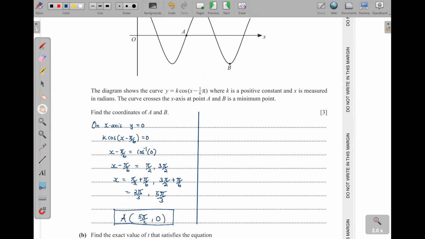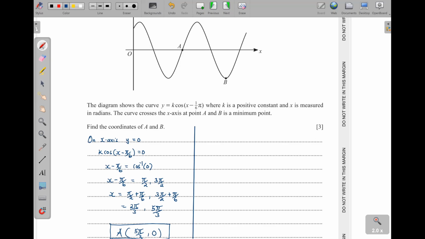Since B is a minimum point, now, this one is a cosine curve. It has been stretched because of this k, and then it has been translated. It is moved to the right by the vector pi over 6, then 0. But now, to get the minimum point, I can use differentiation. I can differentiate this one, then I equate to 0, I find the x-coordinate.